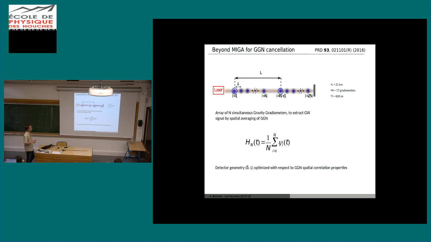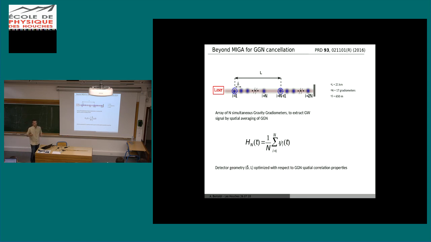Now this array of simultaneous gravity gradiometers, because they have to be simultaneous, each gets a signal from the gravitational wave that is the same for each one, because the distance is not comparable to the wavelength of the gravitational wave. So the signal imprinted on each gravity gradiometer is the same, and the sum of all these phase differences goes linearly with the number of gradiometers.